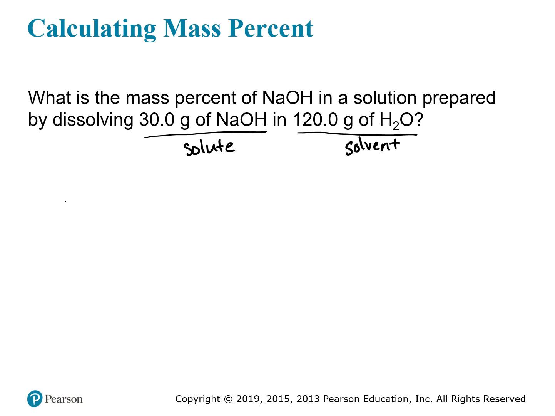So for mass percent, we need the mass of the solute over the mass of the solution, which I abbreviate SOLN, and you multiply that by 100%.